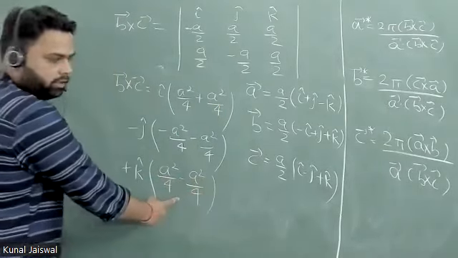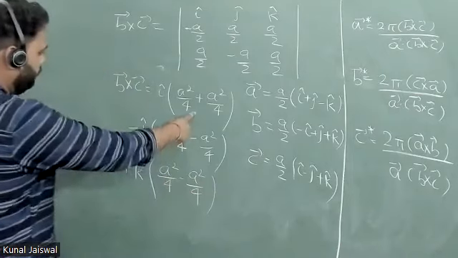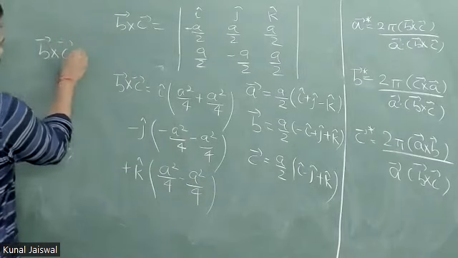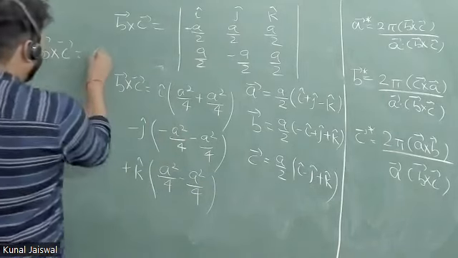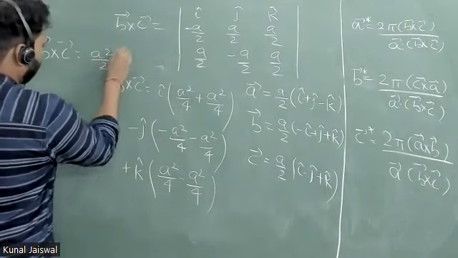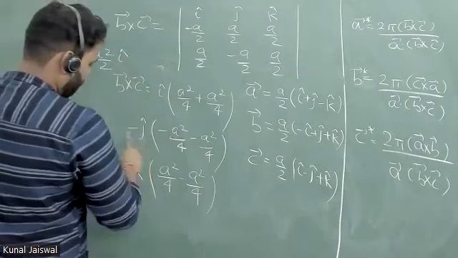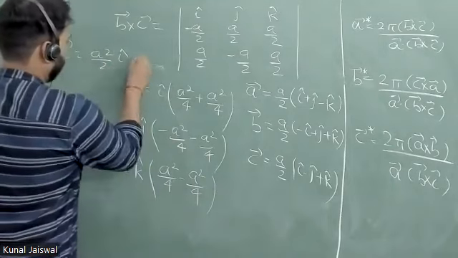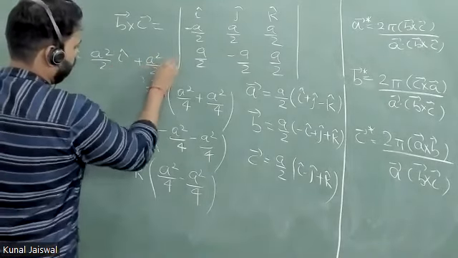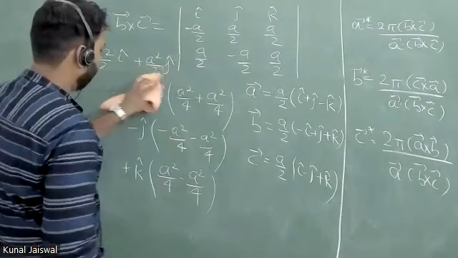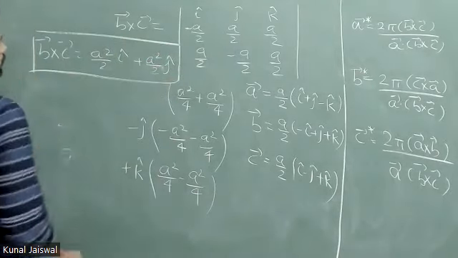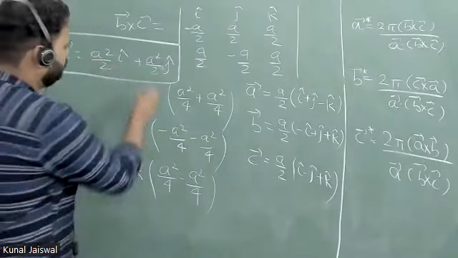So this term is 0, and simply B cross C you will get as a square by 2 i cap plus a square by 2 j cap. Clear to everyone?